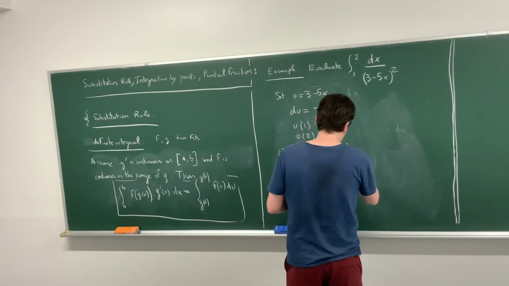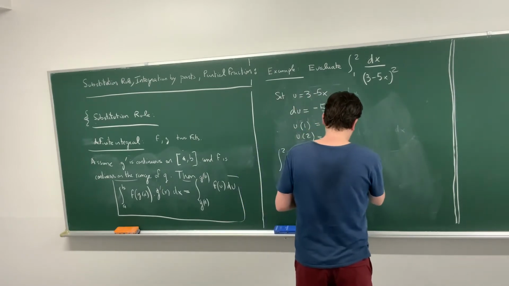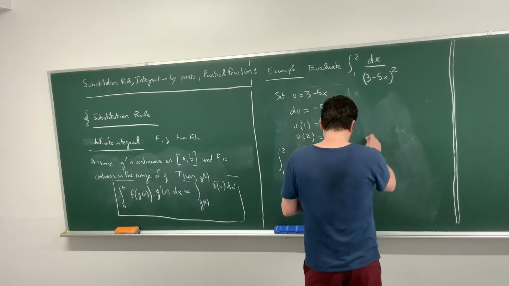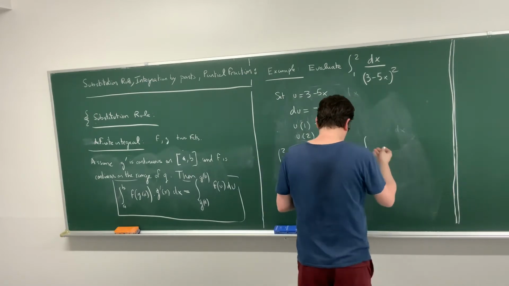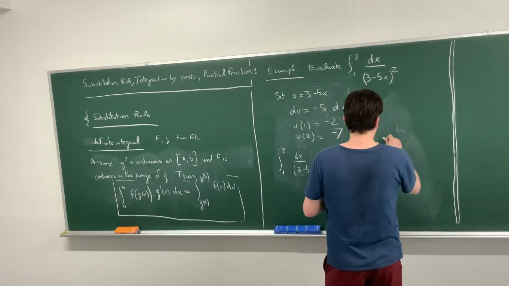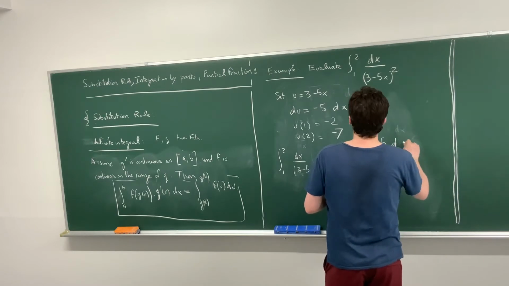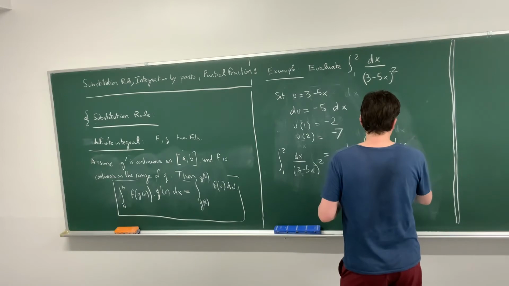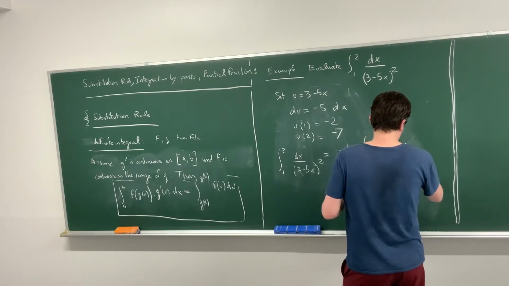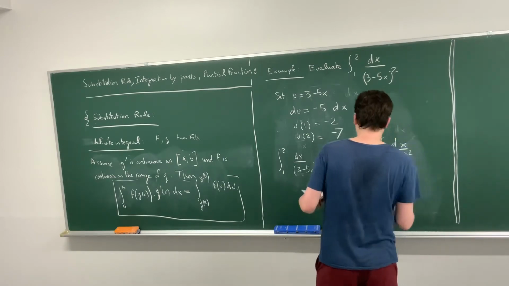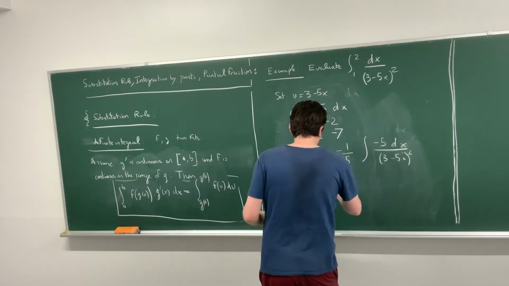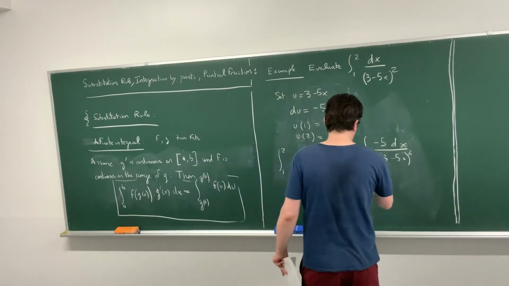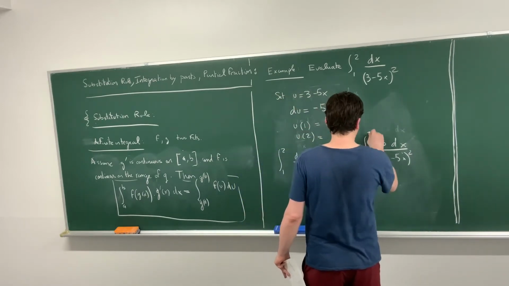We are going to divide by minus 1 over 5, and then we can multiply by this minus 5 dx. Okay, so we will find our du, and everything will be fine. Using this little trick, I can rewrite, so here I'm still between 1 and 2, right?